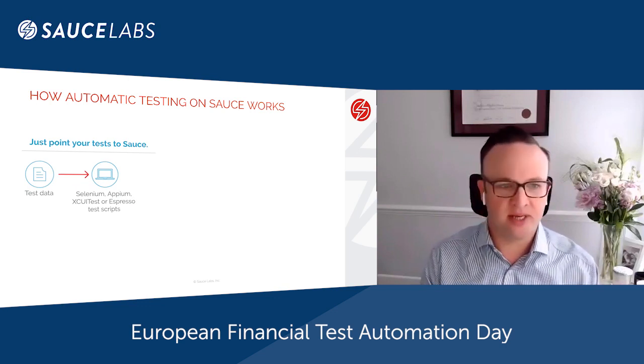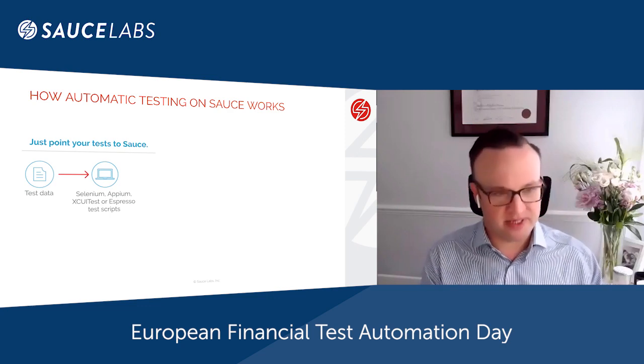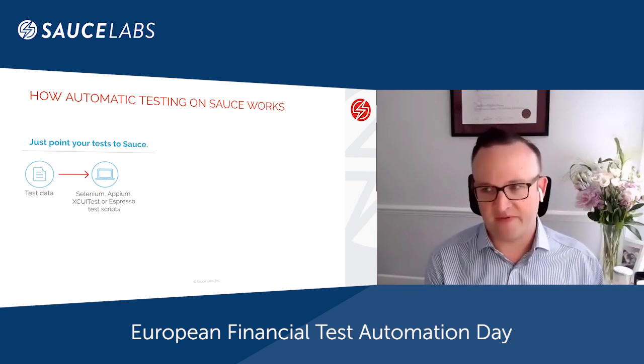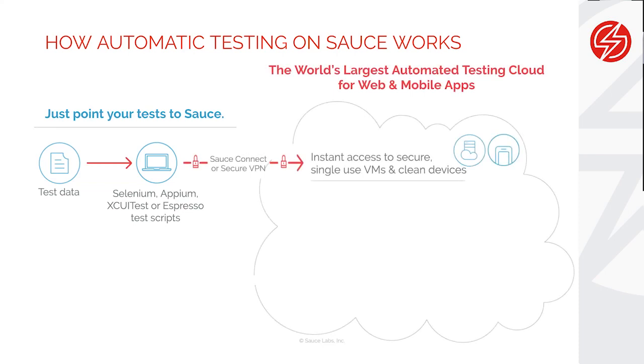You can take tests that you might already have, or build them new, in these 4 different tools, and effectively you point them at Sauce Labs. This is very simple for Selenium and Appium, where you simply change the WebDriver URL, the capabilities, and send through authentication. So it's a small set of changes.